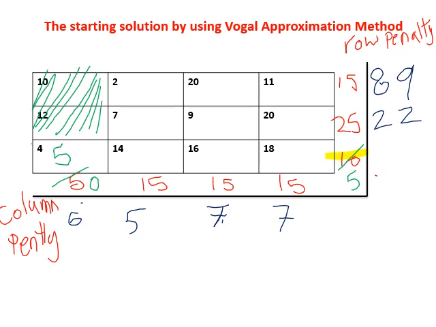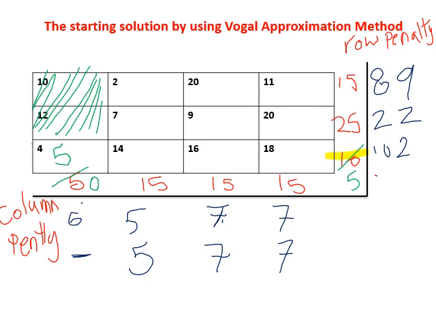Here was 10, and then this is 2. Here for the column penalty, we take the difference between the least costs, which is equal to 7. Now this is still 5, but we don't have any difference here in the column penalty.